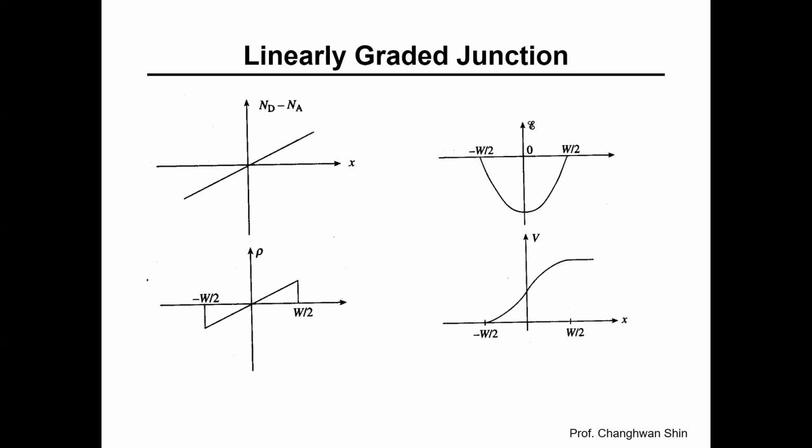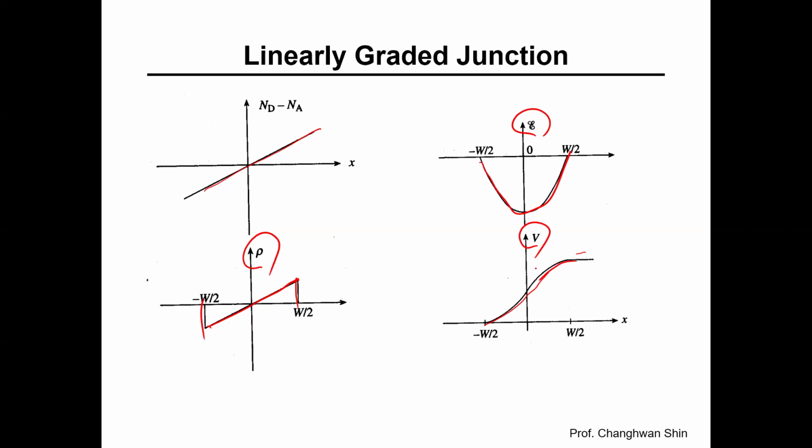This slide shows 4 key graphics. Number 1, the doping profile, a straight line crossing the origin. Number 2, the charge density, also linear, but with a discontinuity at the junction, right? Then the electric field, which follows a parabolic profile, and the potential V, which has a smooth curved shape.